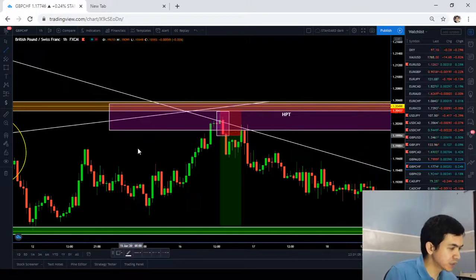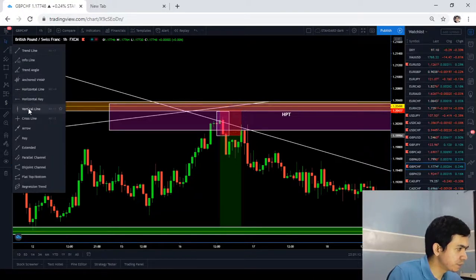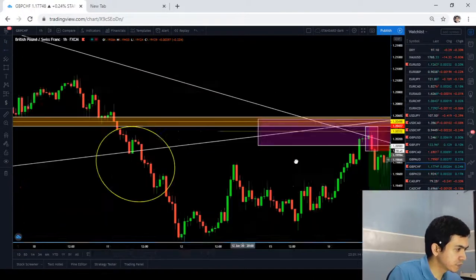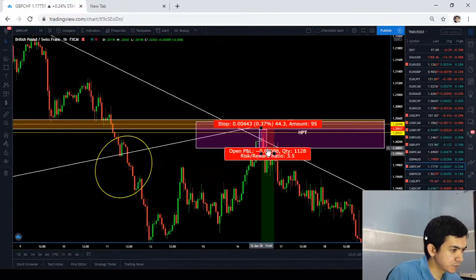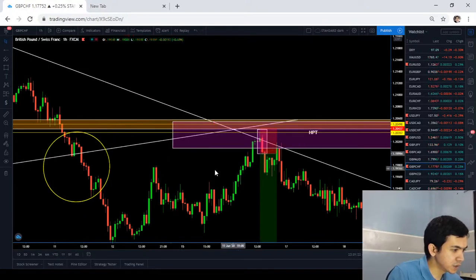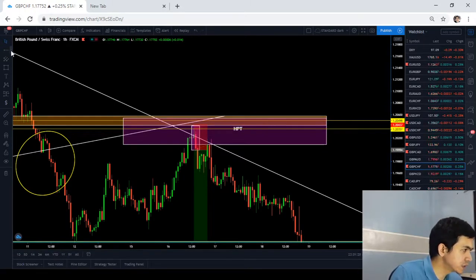Meron na tayong resistance, okay? Mag-draw lang tayo ng line. Diba? Yan, this. Diba? Okay? Key significant resistance. And then what? Is there any counter trend break that we can utilize?